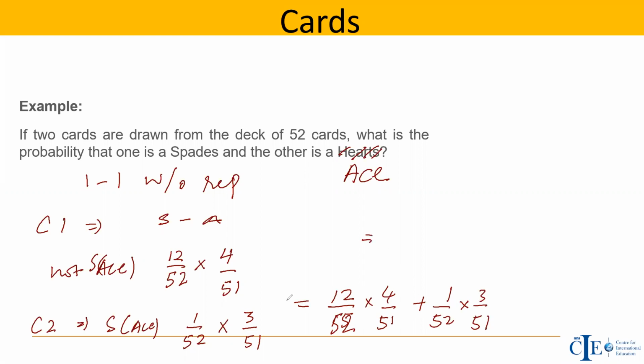So 12 fours are 48, 48 and 3 is 51, so 51 over 52 into 51 cancels out. So 1 on 52.